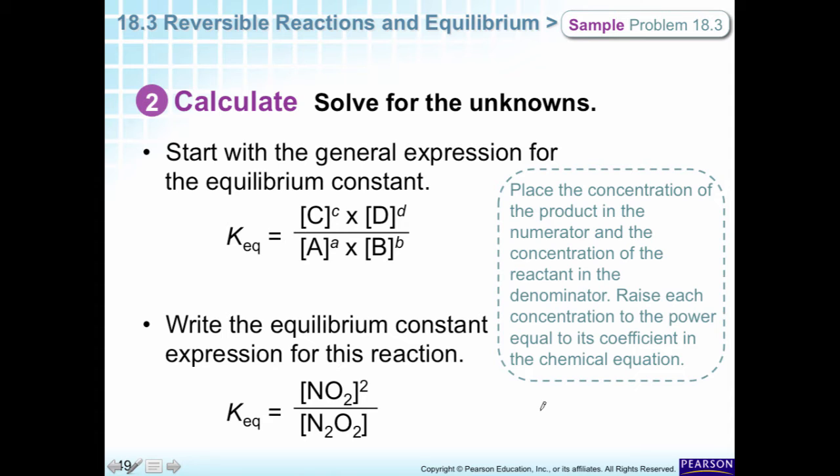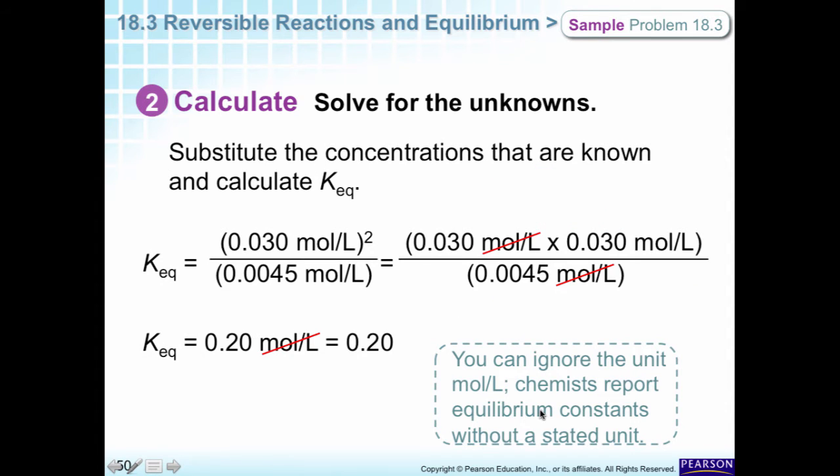All right. If we substitute in then, we'll see that our moles per liter cancel out, and usually we write K as a unitless number. So it's actually a naked number, believe it or not. Okay, so K_eq is a naked number. That's how we solve for it: products over reactants, raised to the coefficient in front of those species in the balanced chemical equation.